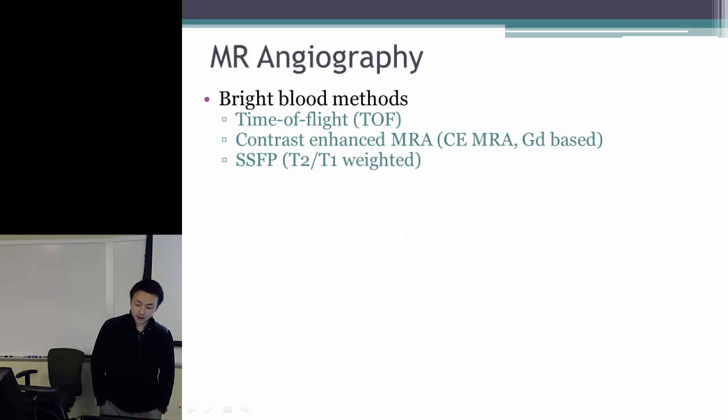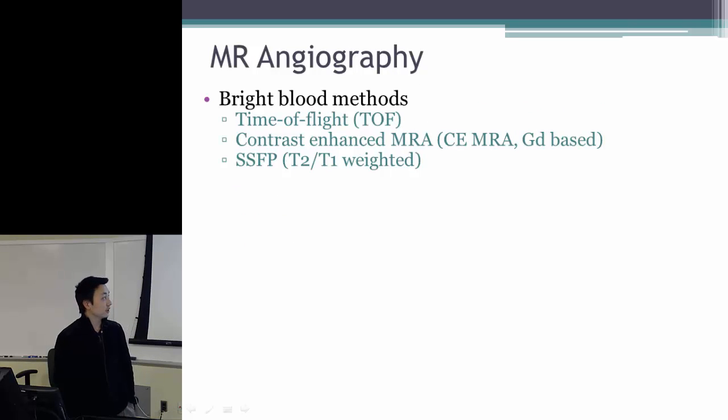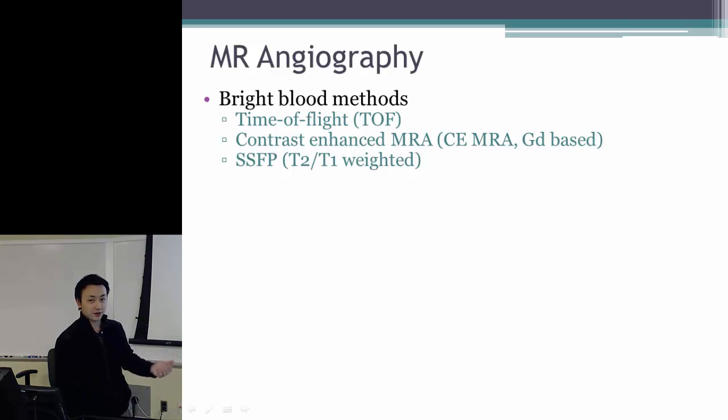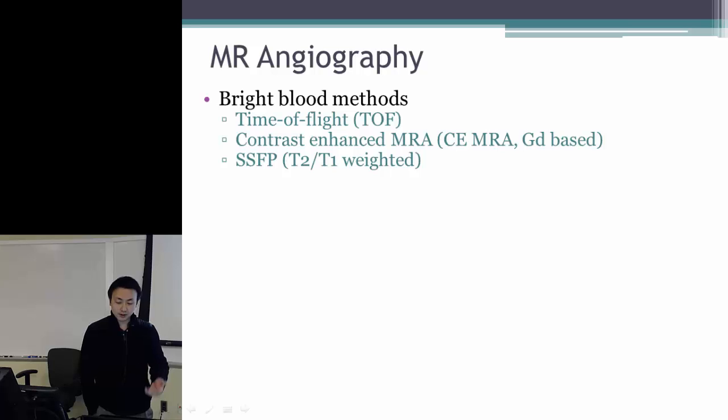All right, so first let's take a summary review of the MR angiography. So MR angiography is the technique that is used to visualize specifically the arteries. That's the name angiography. So MR angiography is used to image the arteries in the human body, including in the brain, in the neck, in the liver, in the kidney, or in the legs.